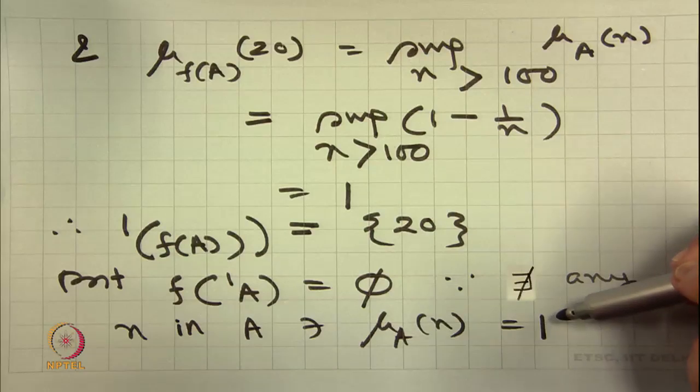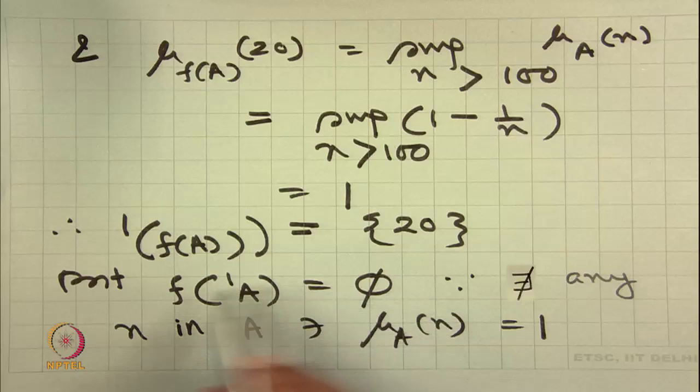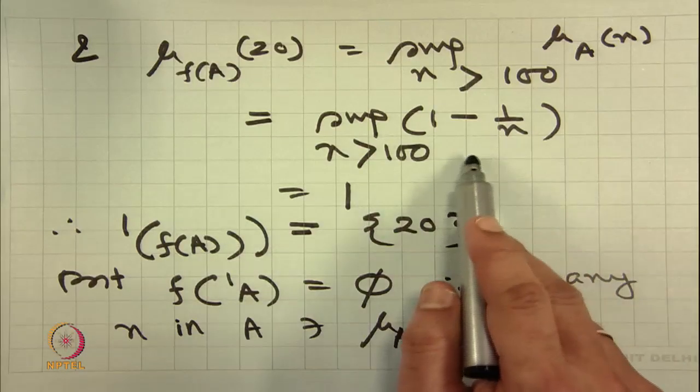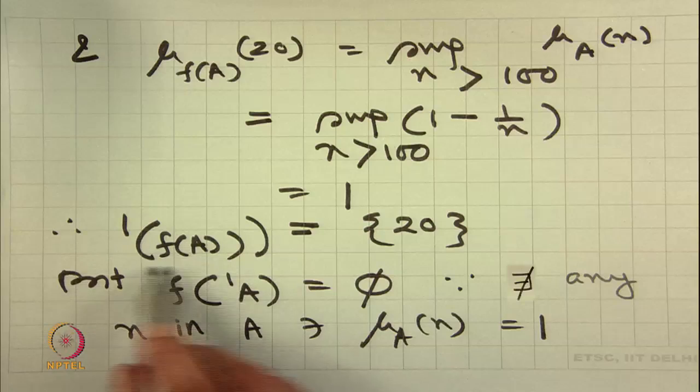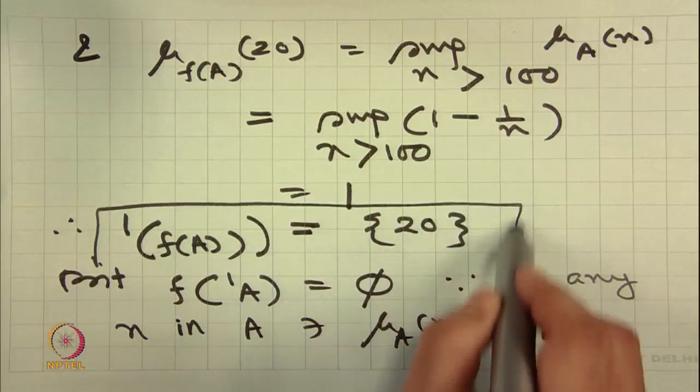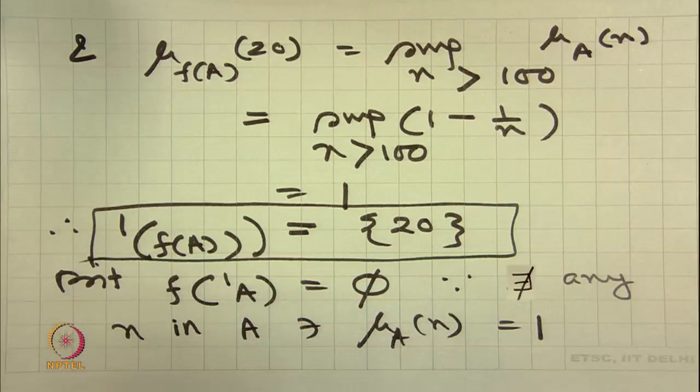So, it will never get the value 1. Therefore, 1 cut of A is empty, and therefore f of that is empty. On the other hand, because the supremum is 1, 1 cut of f(A) is going to be the singleton set {20}. This proves the result.